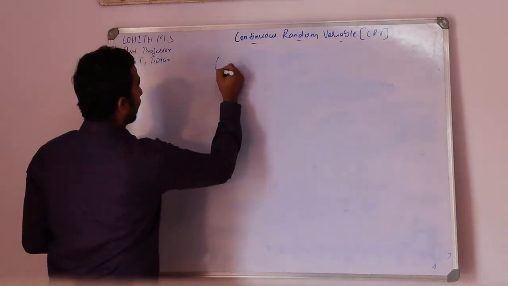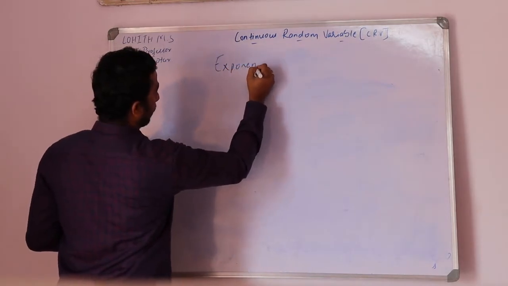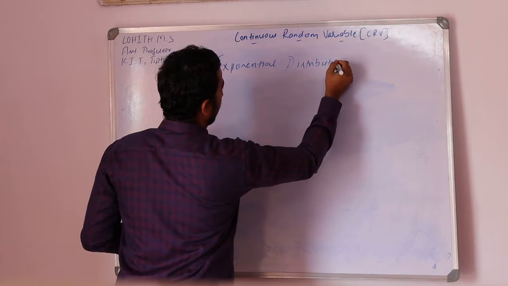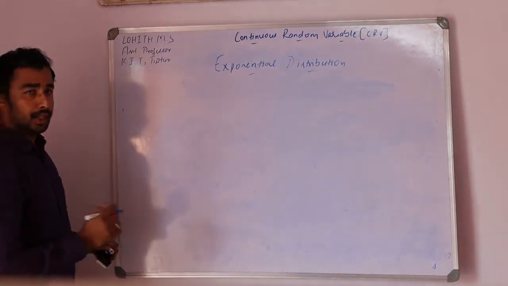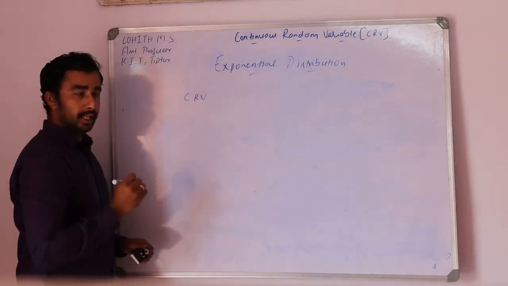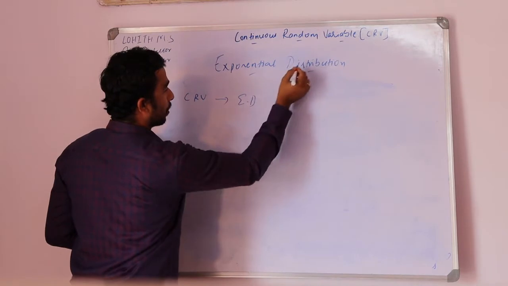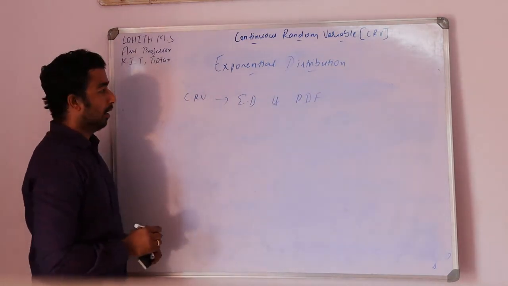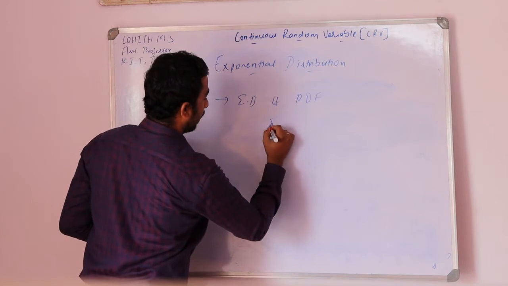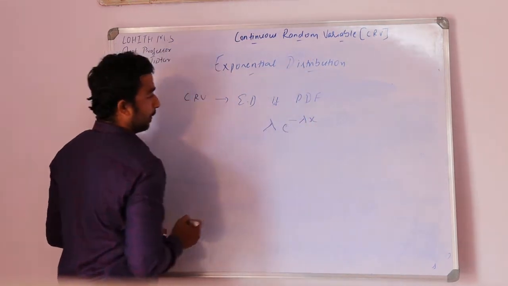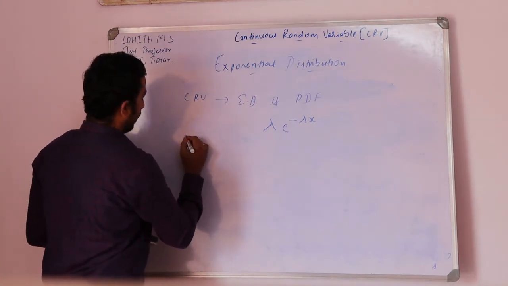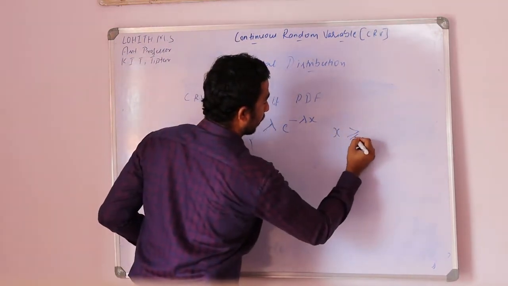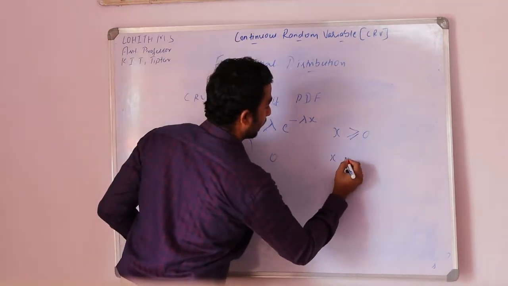Next, the exponential distribution. A continuous random variable can take an exponential distribution if its PDF, that is, probability density function, is of the form lambda e power minus lambda x for x greater than or equal to 0, and 0 if x is less than 0, otherwise.